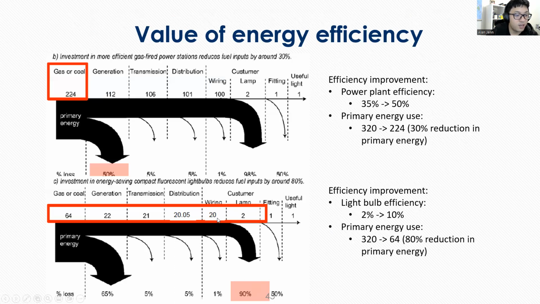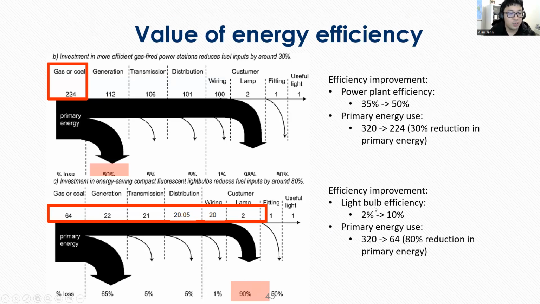So instead of 100 units here, you'd only need 20 units, right? Because it's 10% efficient. And if we trace back through the same losses and efficiencies through the rest of the process, you can see the primary use is only 64. So a much larger reduction in primary energy.